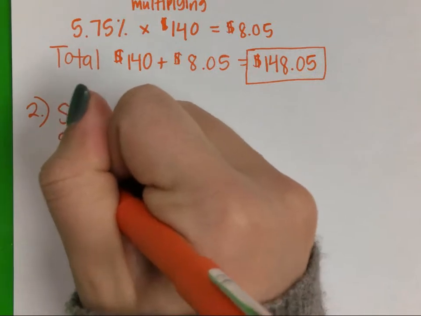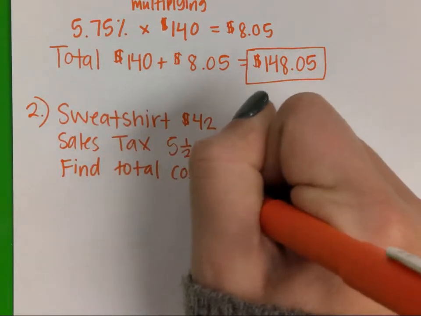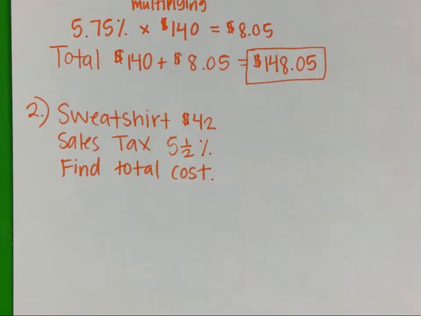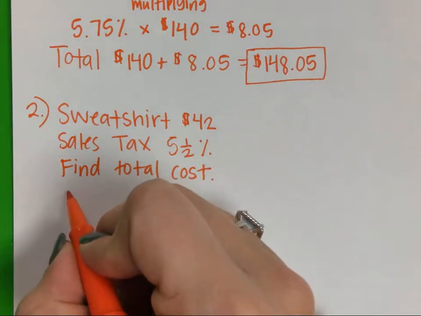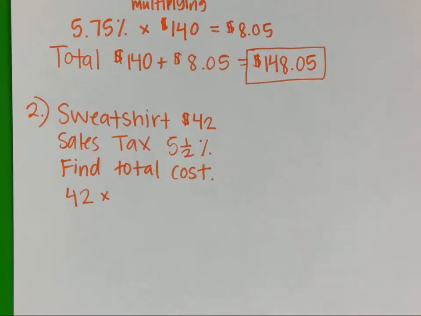I want to find the total cost. So the first thing that I'm doing is finding out how much sales tax I'm actually having to pay. So I'm multiplying my regular cost, which is $42, times 5.5%. How can I write 5.5 as a decimal?